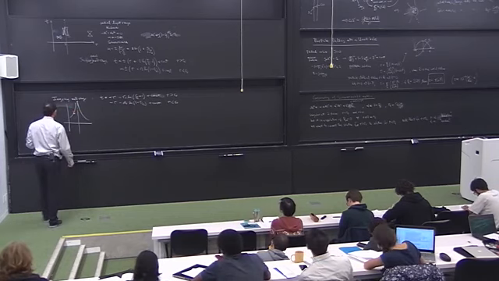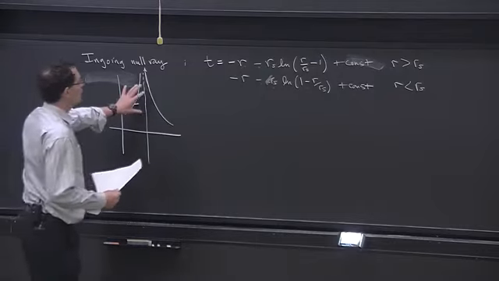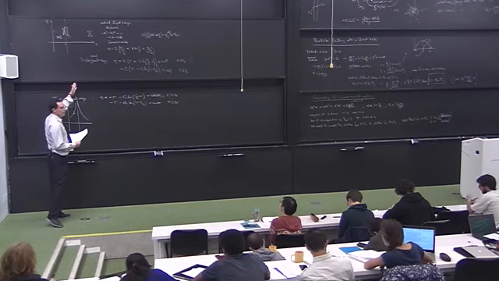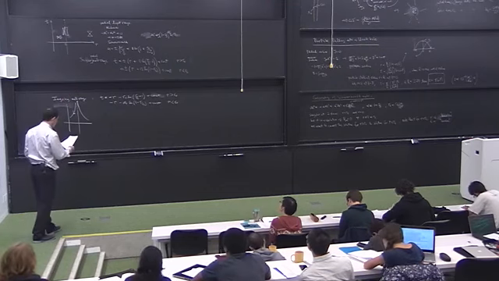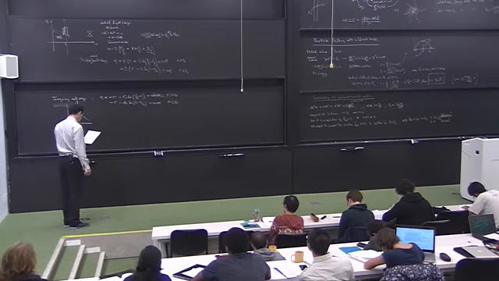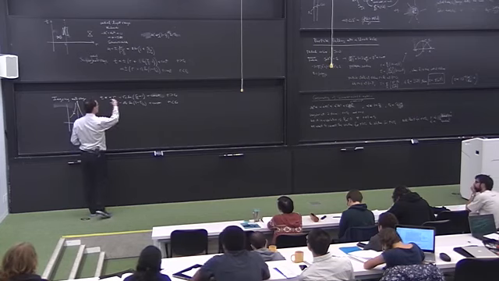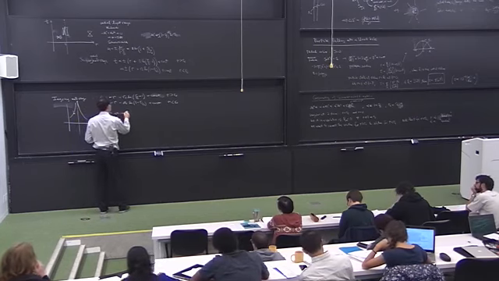And so that's the description of an ingoing null ray in these coordinates. And you go through this funny place at rs where the time coordinate t is infinite. So motivated by this, let us choose a new coordinate.